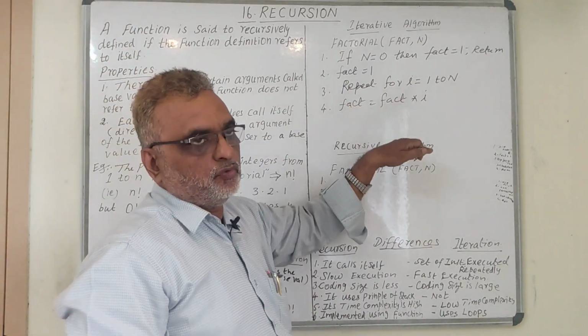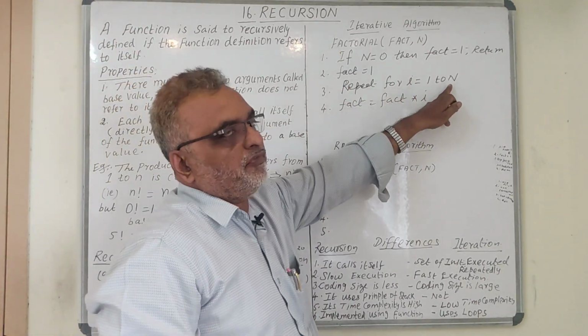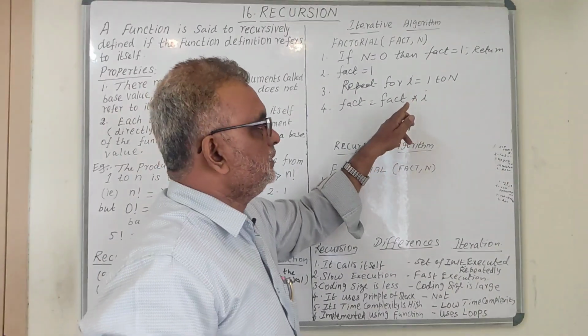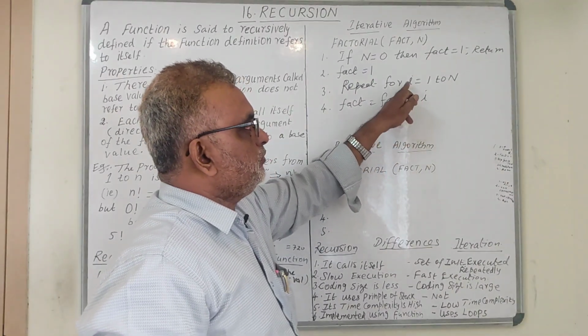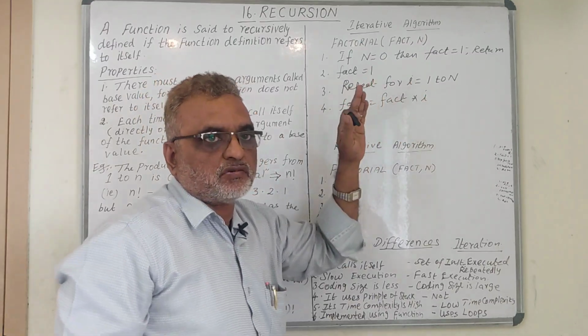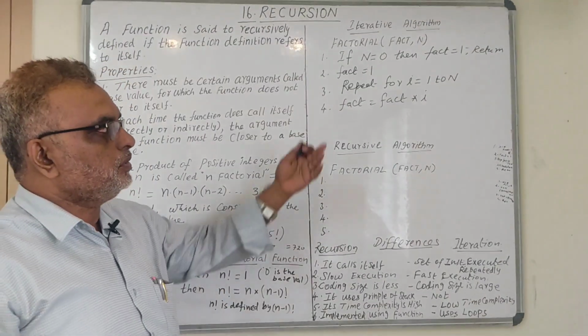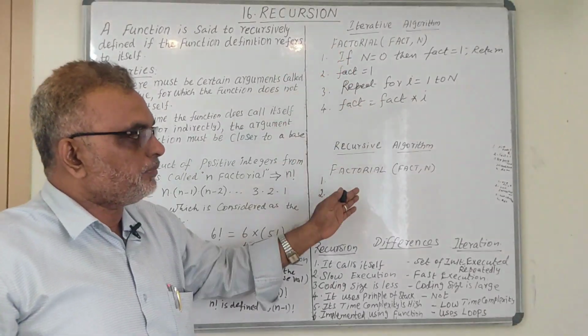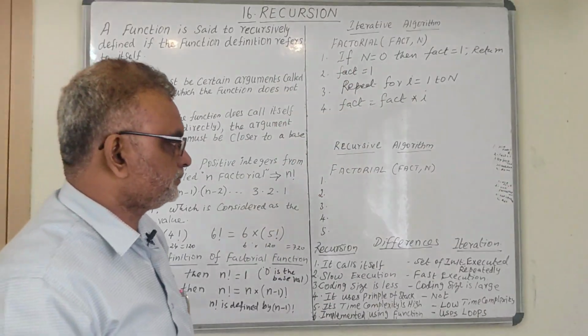Otherwise we perform the loop; for 5 factorial, the loop is performed 5 times. Every time the value of I is taken from this loop. This is what is called iterative. The iterative procedure can be replaced with the help of the recursive algorithm.